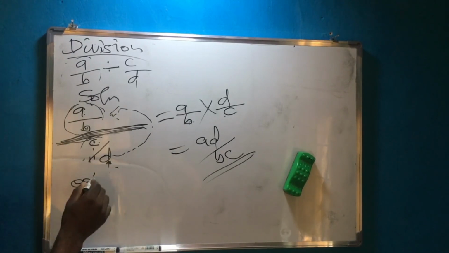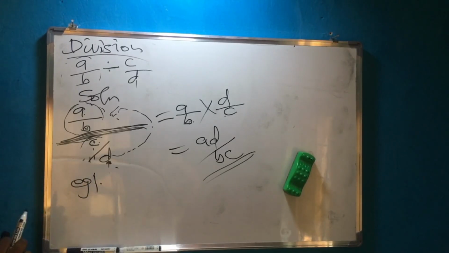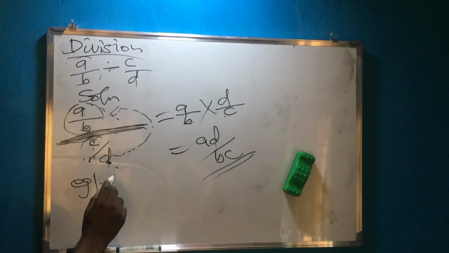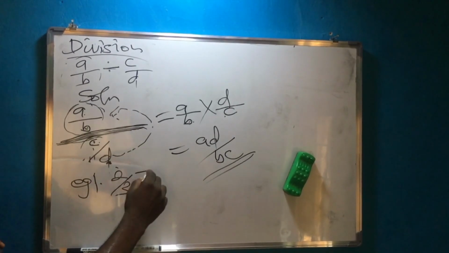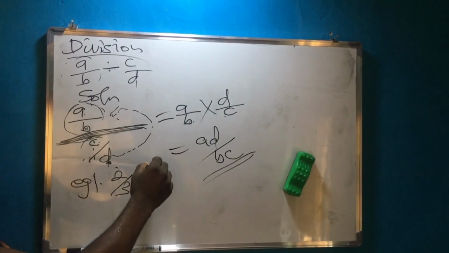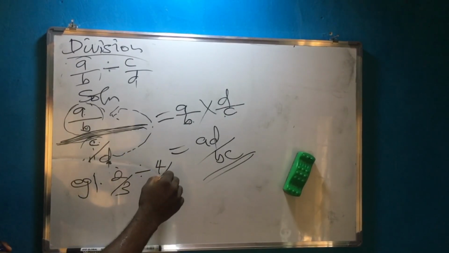Example 1. Let's see this problem: 2 over 3 divided by 4 over 5.